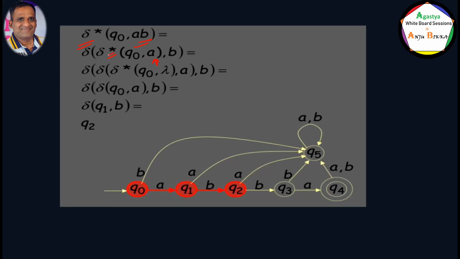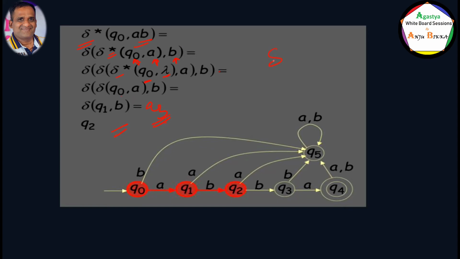So delta star of Q0, A, first, and for that we give B. This can also be represented by delta star of Q0 and epsilon, which leads to Q0, then A and B. So Q0 and epsilon gives Q0, Q1 with A goes to Q1, and Q1 with B goes to Q3. So this is the transition function which we can express.